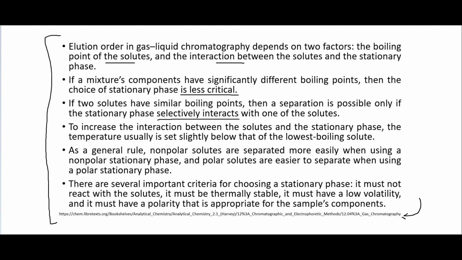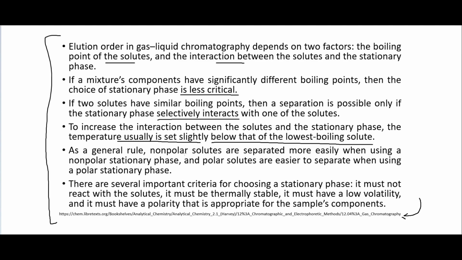To increase the interaction between the solutes and the stationary phase, the temperature is usually set slightly below the lowest boiling solute. So we don't want one of these solutes always in the gas phase. We want it to equilibrate between being in the liquid and the gas phase.